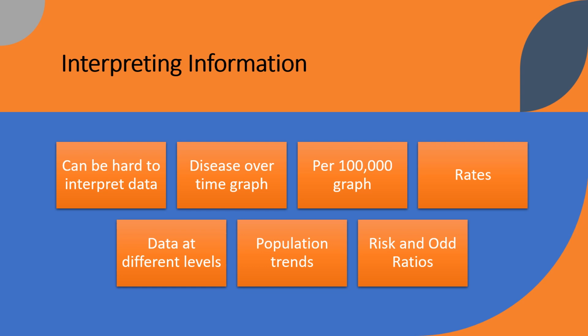Because of this, it may inform their decisions and actions. So it's very important to understand the population trends that are not just happening within our community, but within our state, within our nation, and then globally.